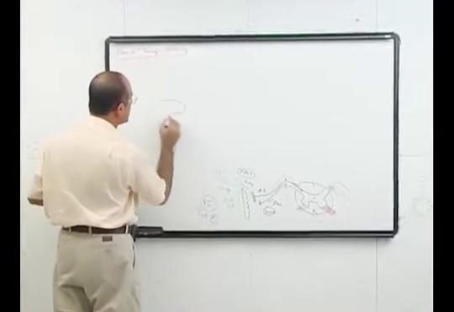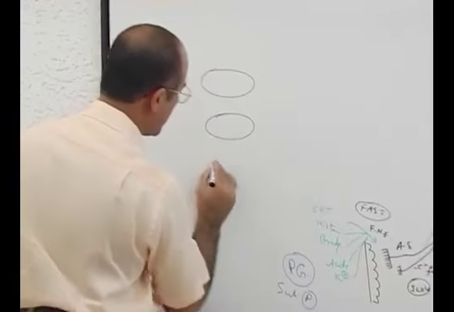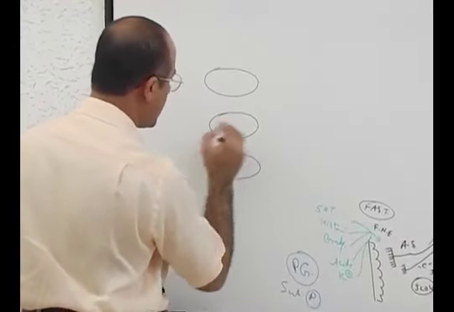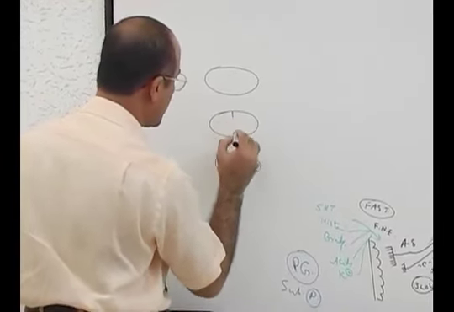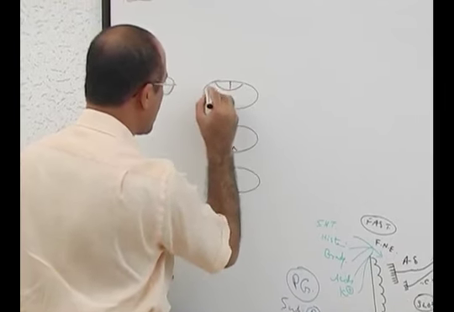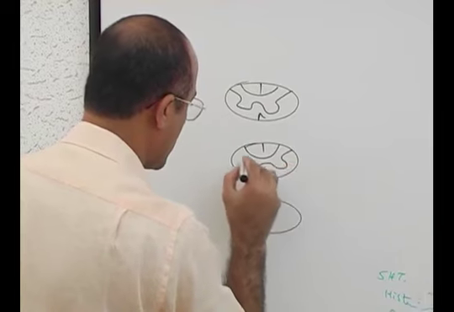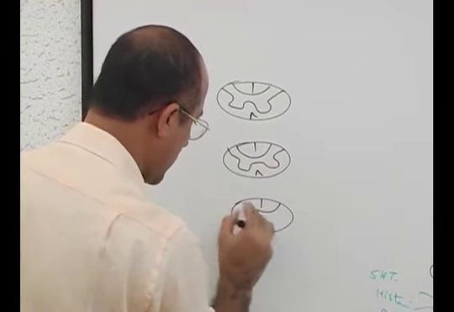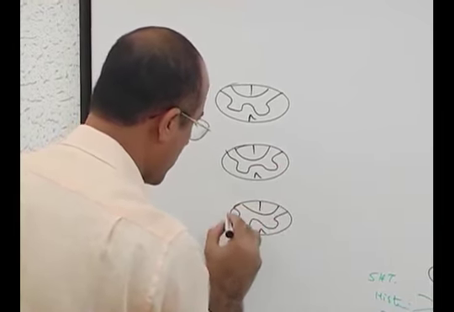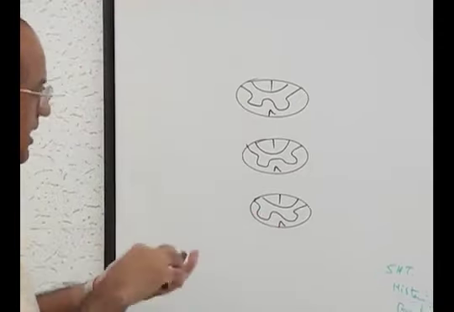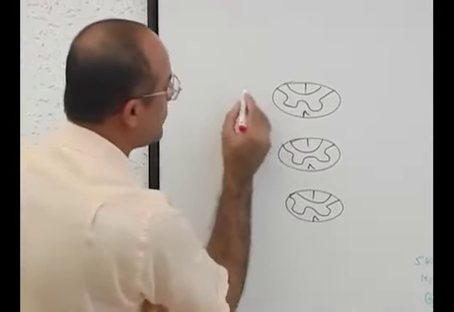Let's suppose here are 3 spinal cord sections, right? Now, what really happens? Let me show you this by red color.